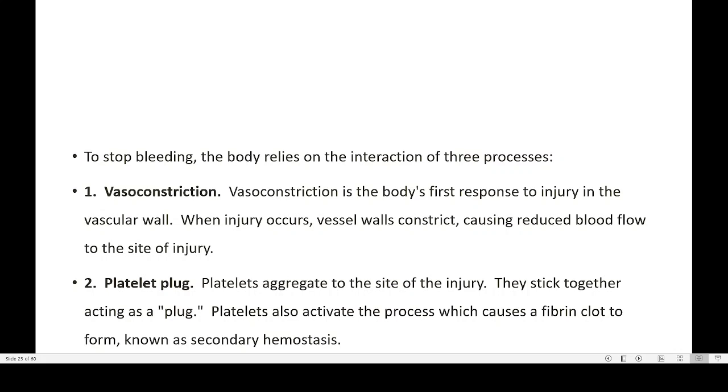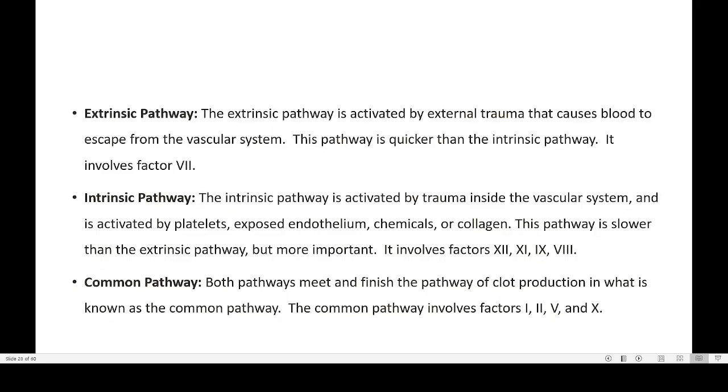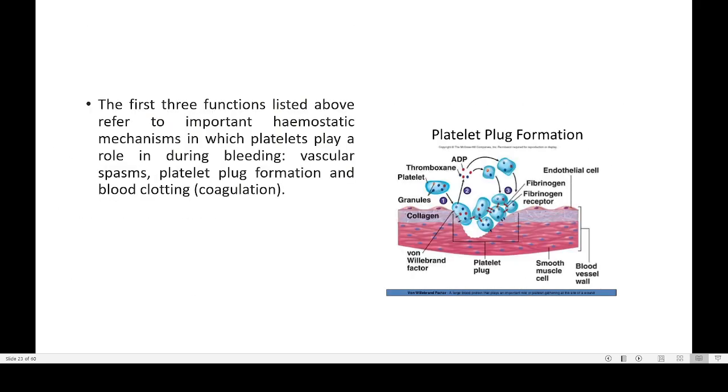Now another mechanism is known as platelet plug formation. I think I have shown you this platelet plug somewhere here. Here you can see that. What happens is that hundreds or thousands of platelets come together at the site of the injury, and they stick with each other, and as a result a plug-like or cap-like structure is formed that seals the opening or the injury.